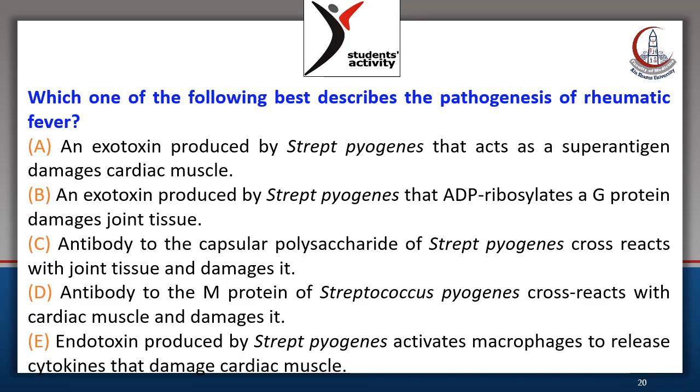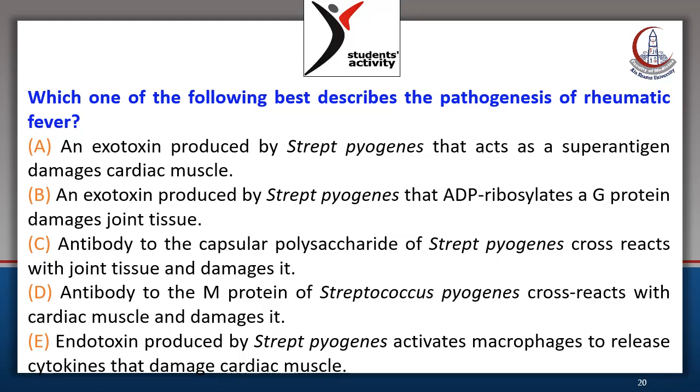C. An antibody to the capsular polysaccharides of Streptococcus pyogenes cross-reacts with the joint tissue and damages it. D. An antibody to the M protein of Streptococcus pyogenes which cross-reacts with the cardiac muscle and damages it. E. An endotoxin produced by Streptococcus pyogenes that activates macrophages to release cytokines that damage cardiac muscle.